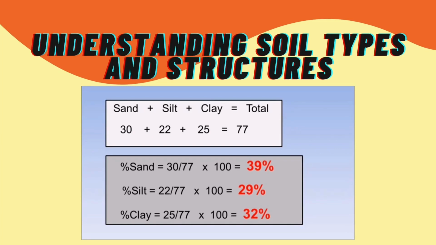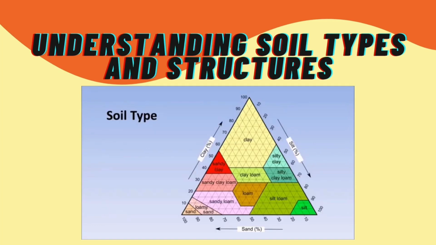So from this calculation, we can conclude what the type of soil at the test area. What you can see is the pyramid of types of soil. On the right side, we can see the silt percent.